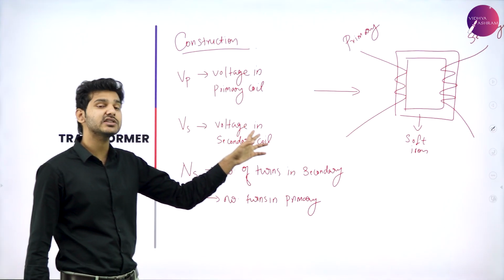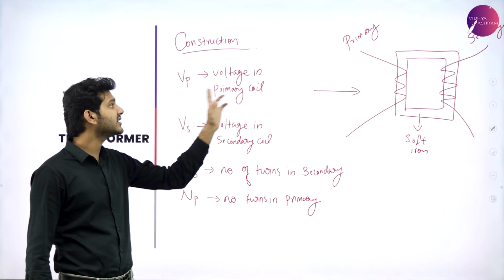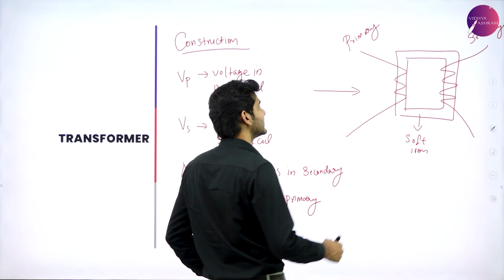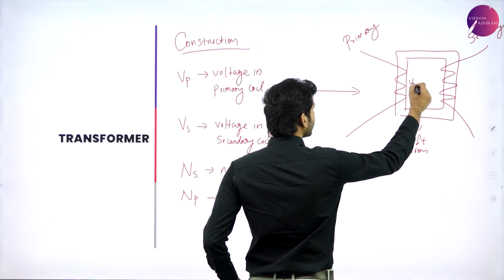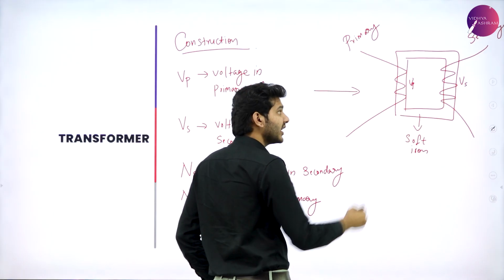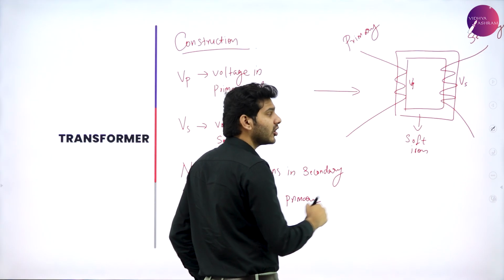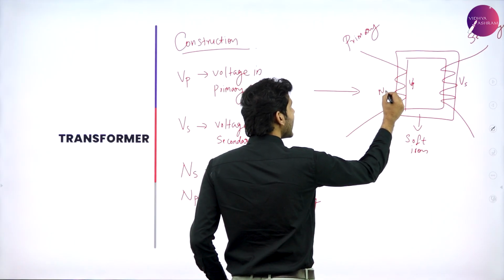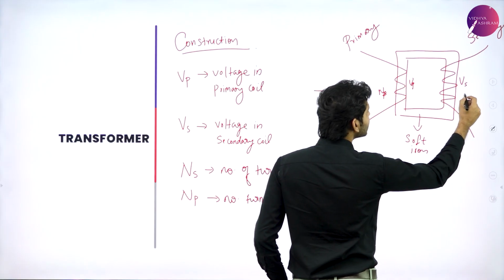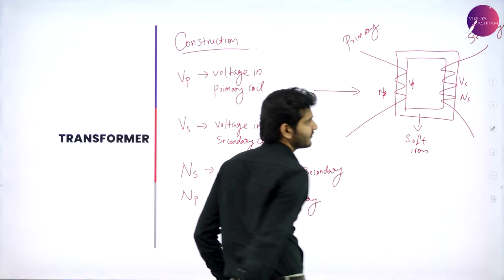Vs is the voltage in the secondary coil, and Vp is the voltage in the primary coil. So let's say this will have a voltage of Vp, this will have a voltage of Vs. The number of turns in the primary coil is indicated by Np, and in the secondary coil by Ns.